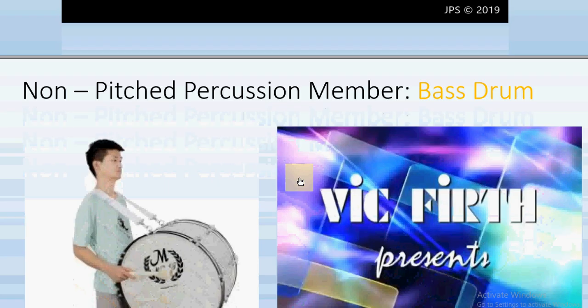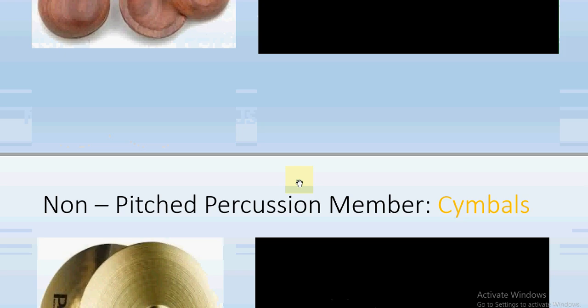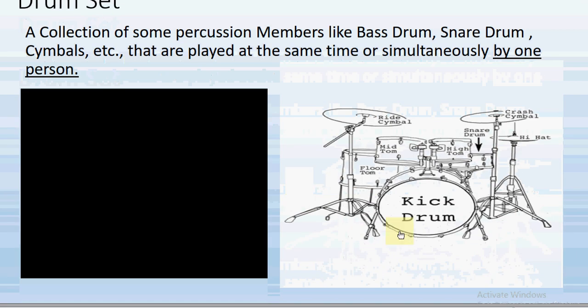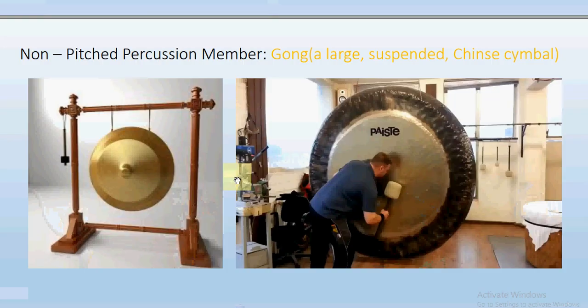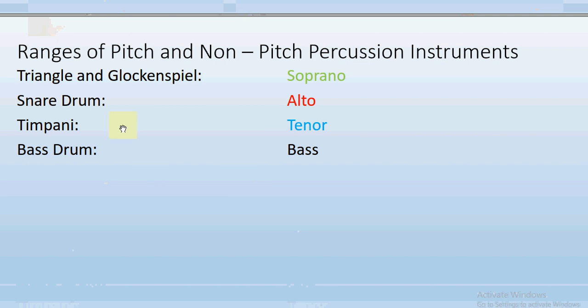Those are the pitched ones, and the non-pitched: the bass drum, the snare drum, the castanet, cymbals, and we have the drum set. Then we have the triangle, tambourine, and the gong.